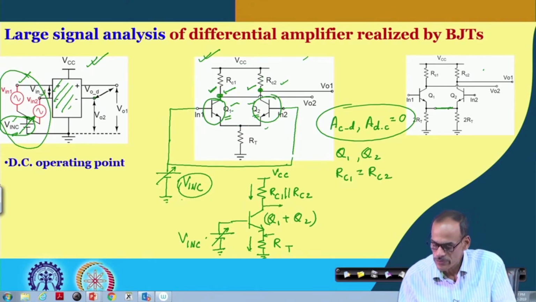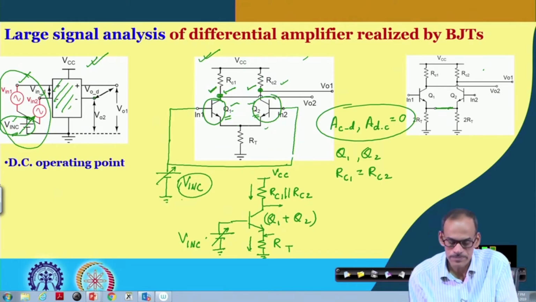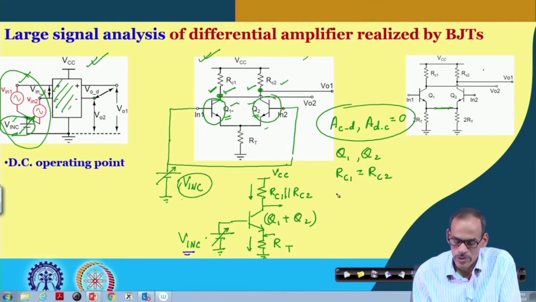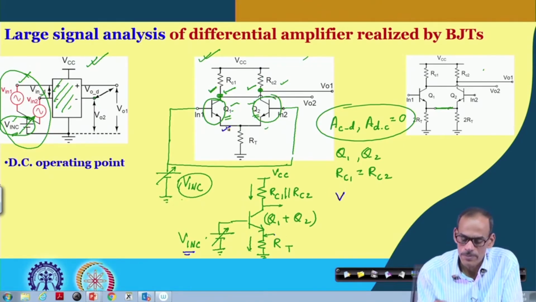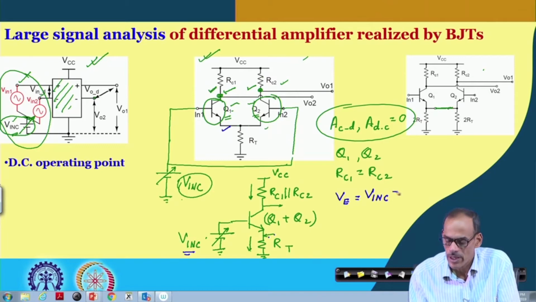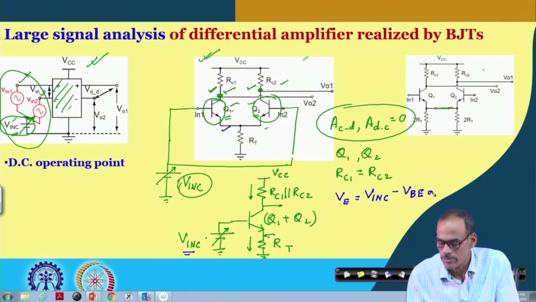In fact, if you go step by step, for a given Vinc, what is the emitter voltage? So, the emitter voltage at this node, in this merged circuit, equals Vinc minus VBE on.